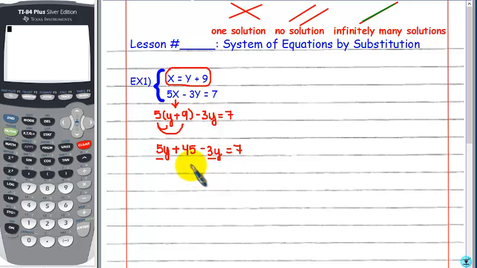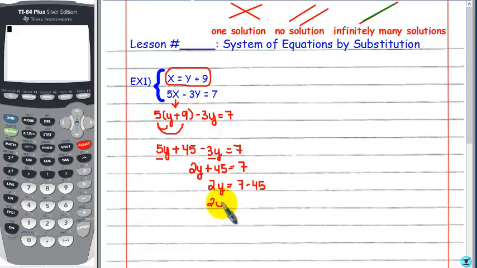This would be 2y plus 45 equals 7. And then this would be 2y equals 7 minus 45.